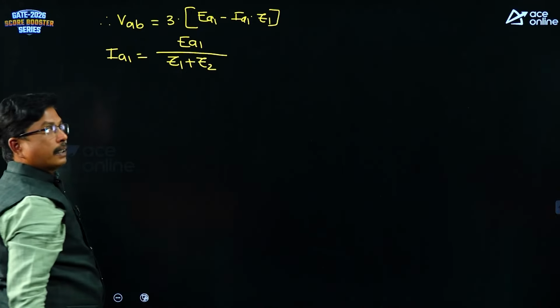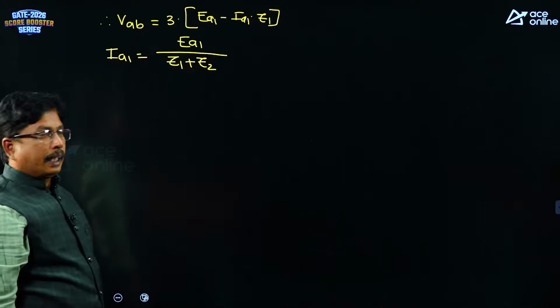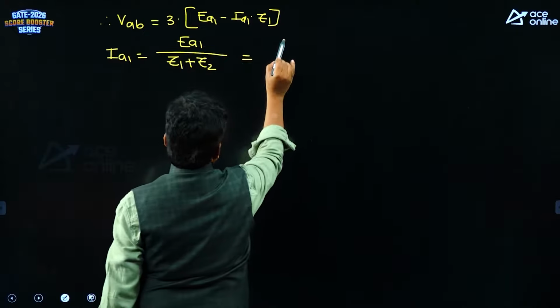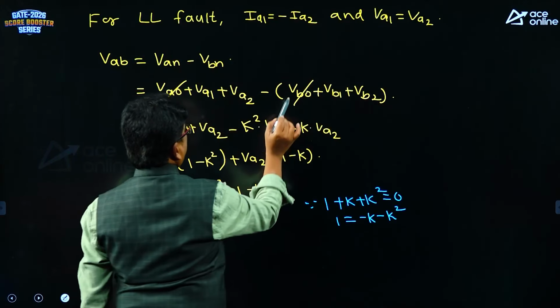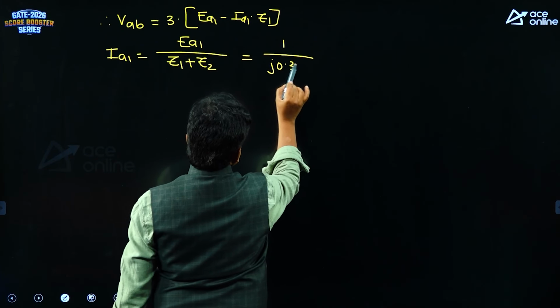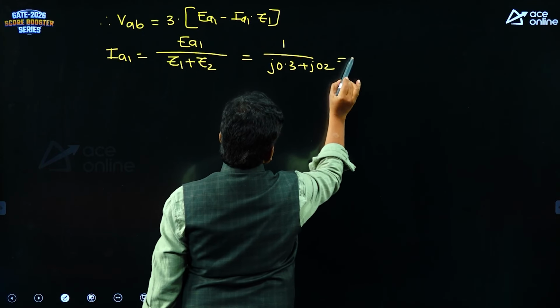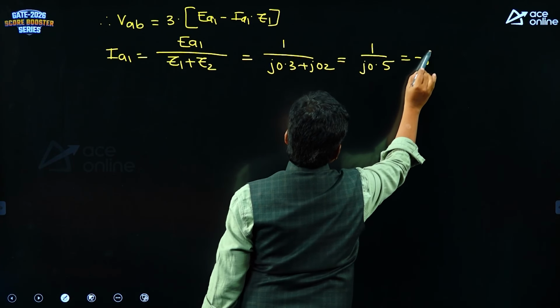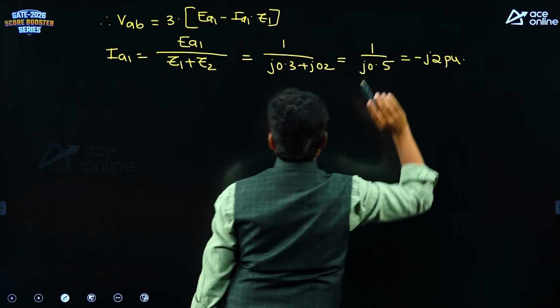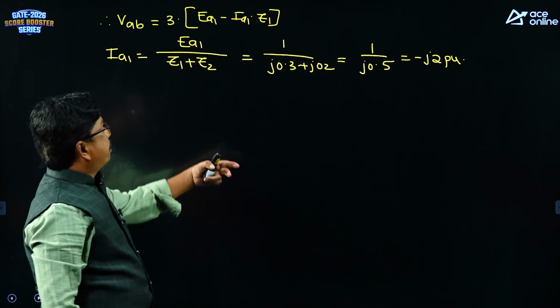That is the positive sequence current formula for LL fault. So this will be 1 per unit divided by positive and negative sequence impedance, J0.3 plus J0.2, which is 1 by J0.5, it is minus J2 per unit. That is the value of IA1.